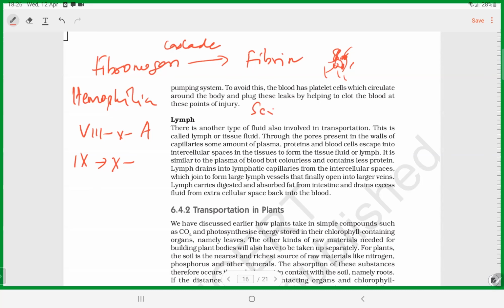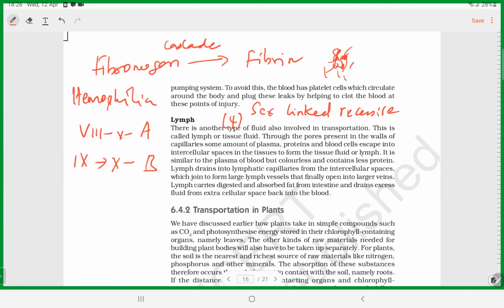You get some questions related to this. Mostly men will be affected, because it is X-linked recessive, on the X chromosome. Men have only one X chromosome, so they easily get this disorder if they have the defective gene. If factor 8 is missing, they get hemophilia A. If factor 9 is missing, they get hemophilia B.